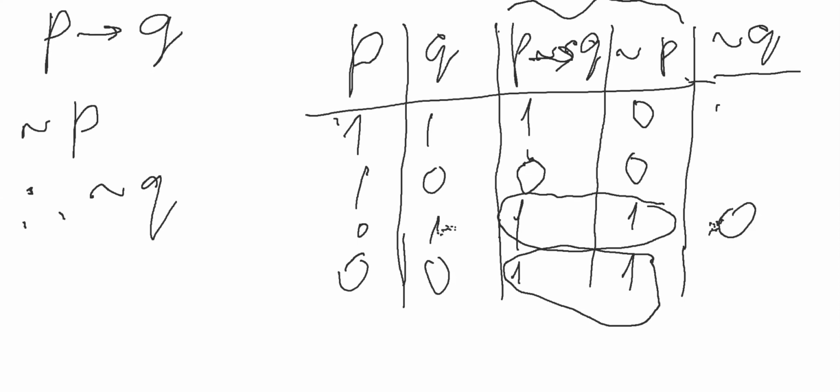And the last row? Here it is 1. So in one critical row we have 1, but in the other critical row we have 0. It means that our argument is invalid.